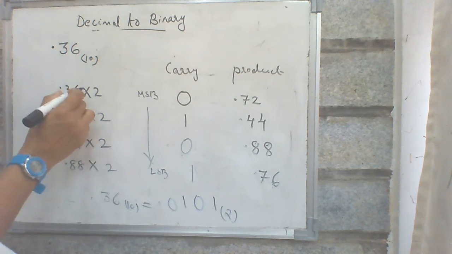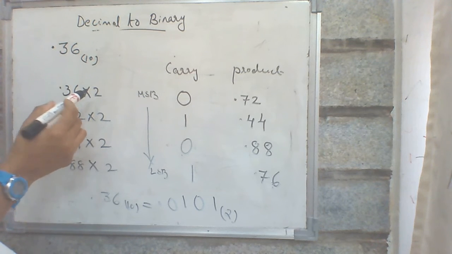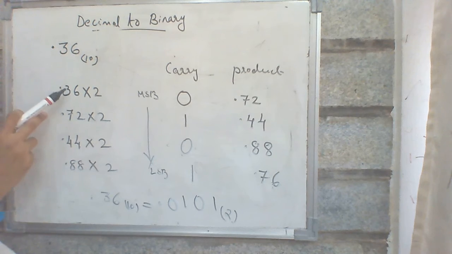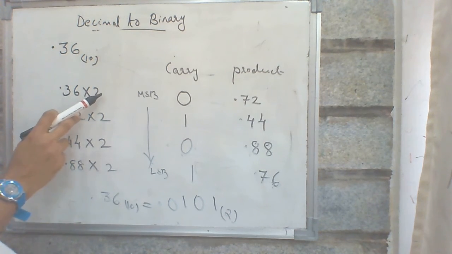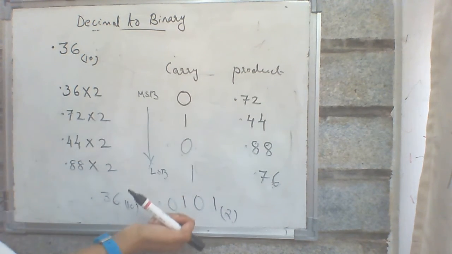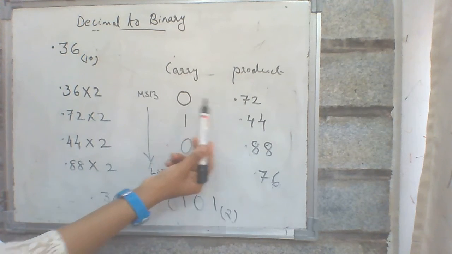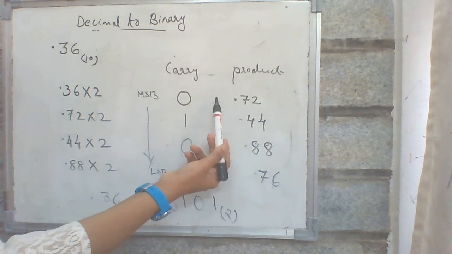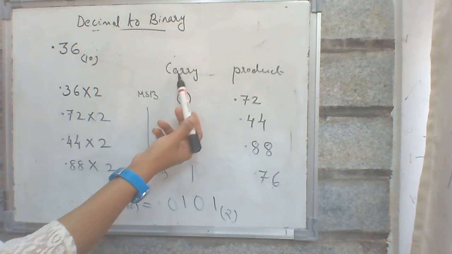We need to multiply by 2. Here the number is 0.36. Then 0.36 into 2. Write the carry and product separately. The answer is 0.72. When you are next multiplying, we don't want to take this carry.